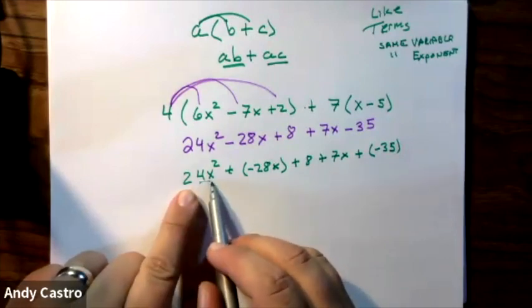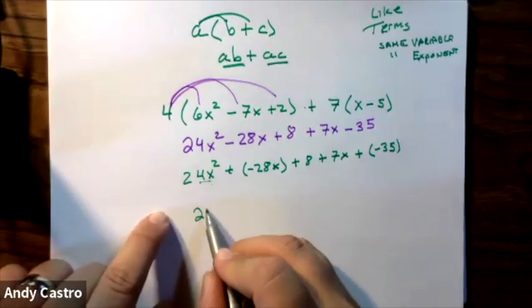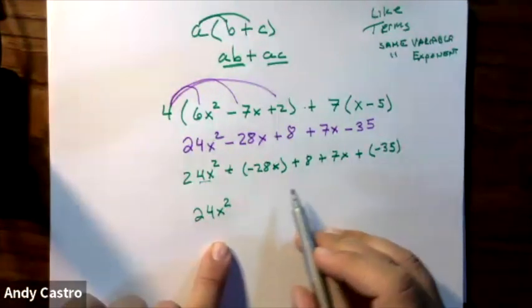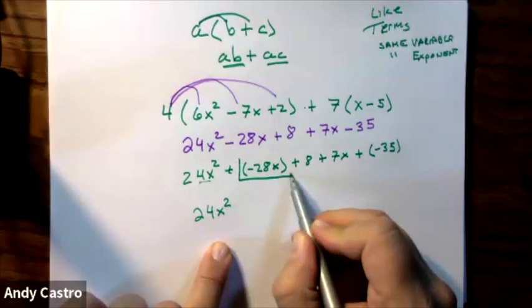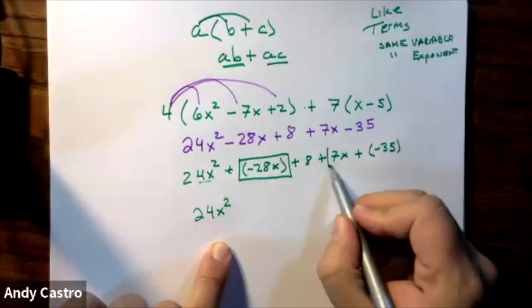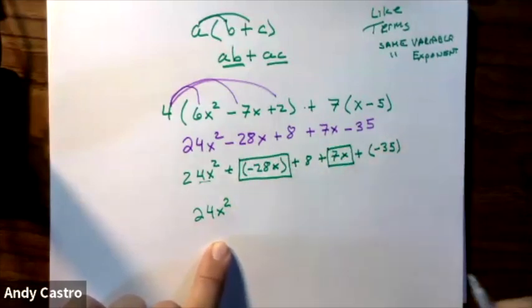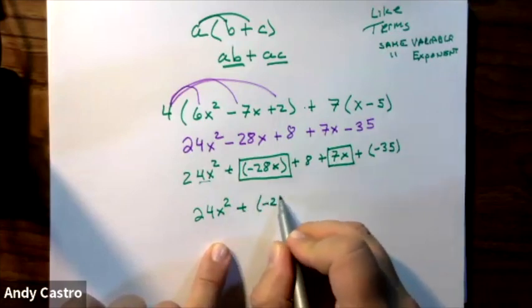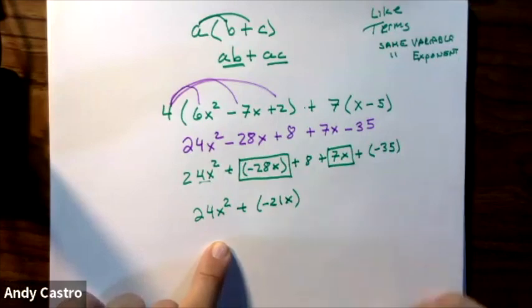Now let's look at like terms. I don't have any other x squared, so my 24x squared is going to remain the same. Now let's look at x's. I've got a negative 28 and a positive 7, so I can combine those into a negative 21x.